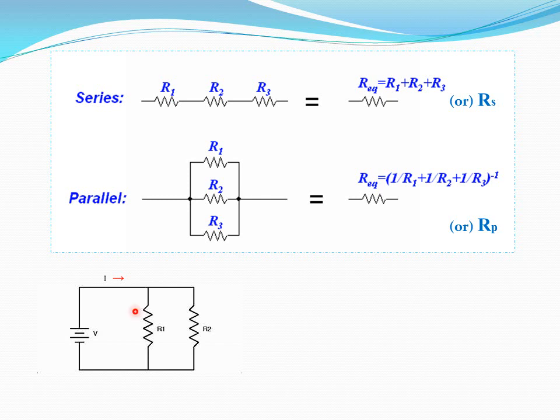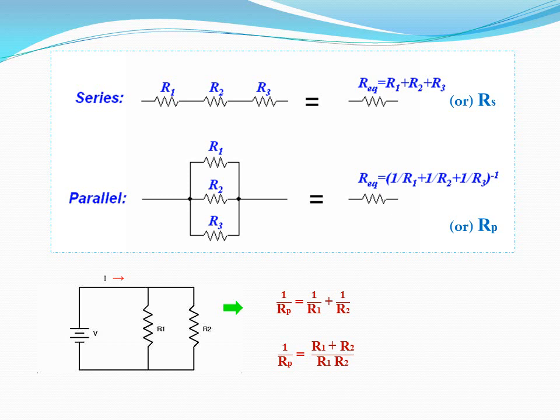Here, two resistors are connected in parallel. We have 1 by Rp equal to 1 by R1 plus 1 by R2.